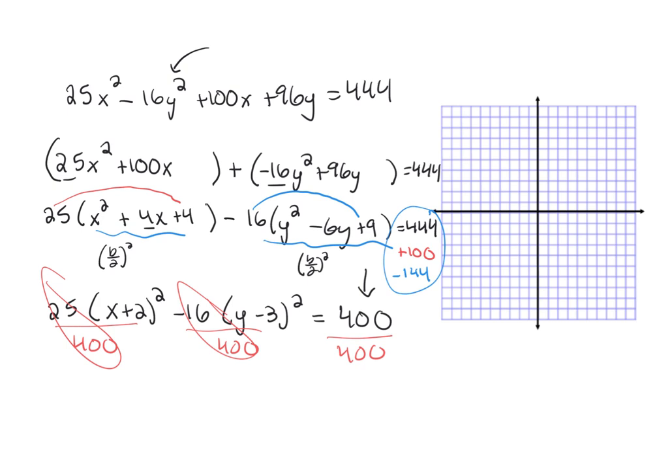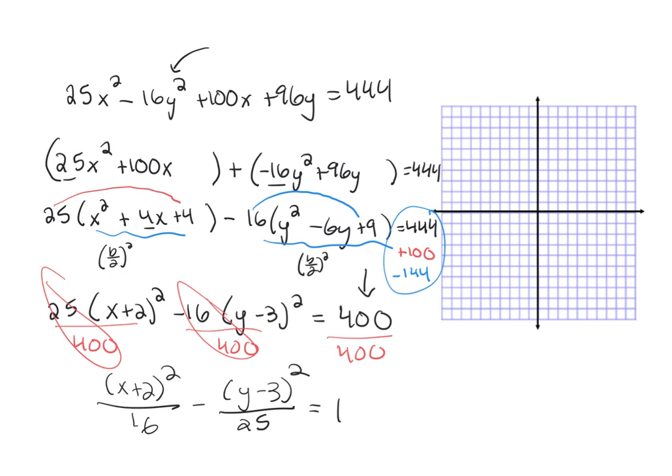This will leave us with (x plus 2) squared over 16 minus (y minus 3) squared over 25 equals 1.